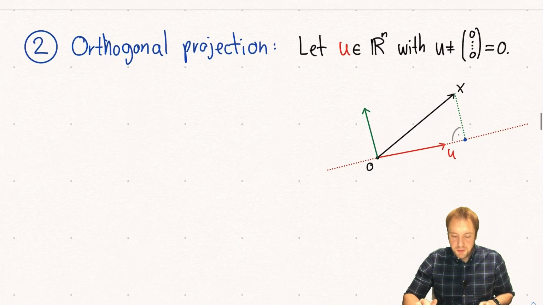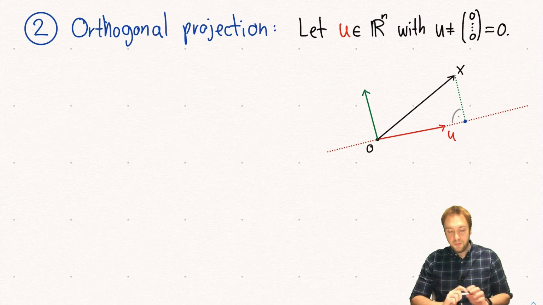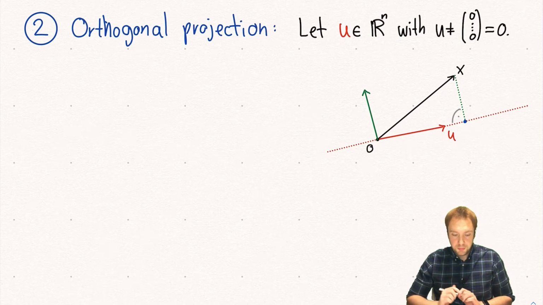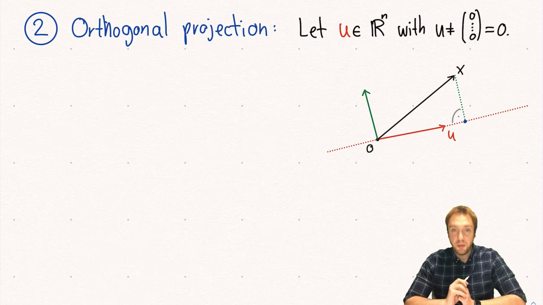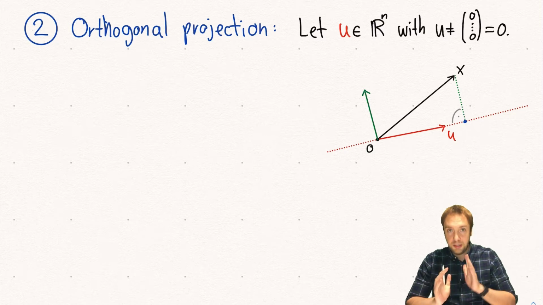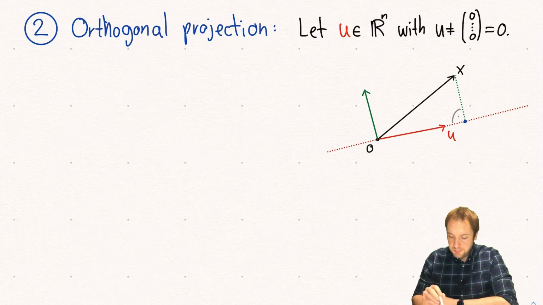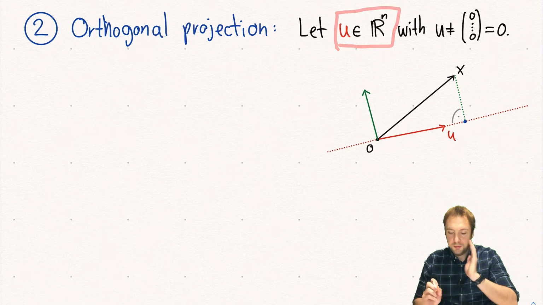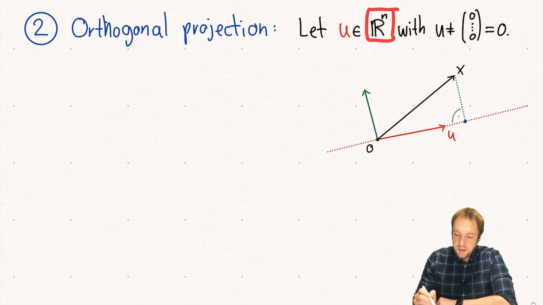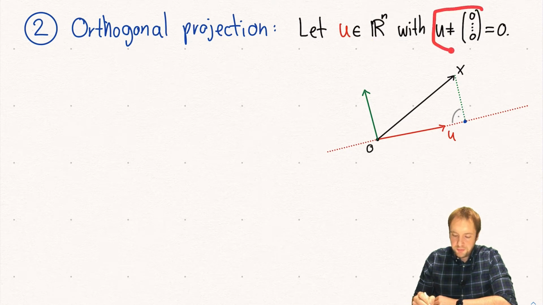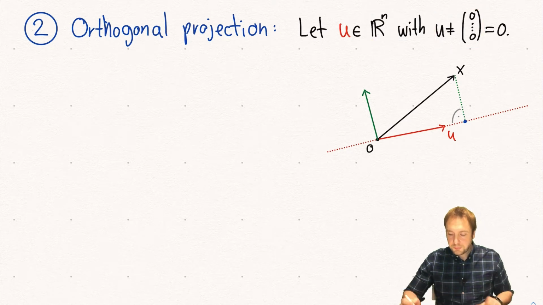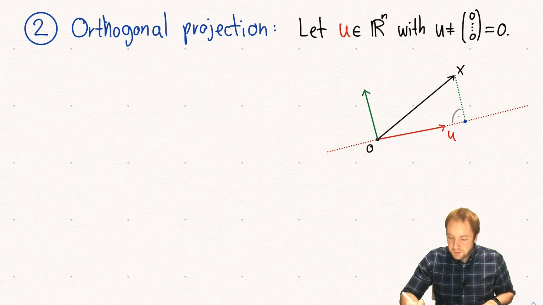But a more interesting example is now the following. What we want to do is define the orthogonal projection to a line. And what I mean by this is that we fix some u in Rn, and we want that this vector is not the 0 vector. And in the following, and also maybe in the homework, we will use this notation here.